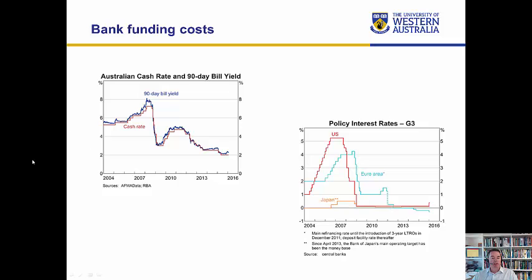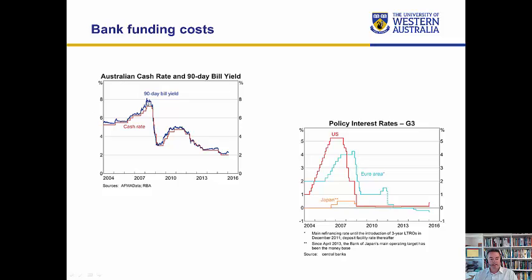So if you've got $1 million and you want to invest that money through your financial institution, you could go into the cash rate market and just keep rolling the transaction over each day. That means lending the money out to a new financial institution each day, or you could go into the bill market and just lend it out once for a period of 90 days.